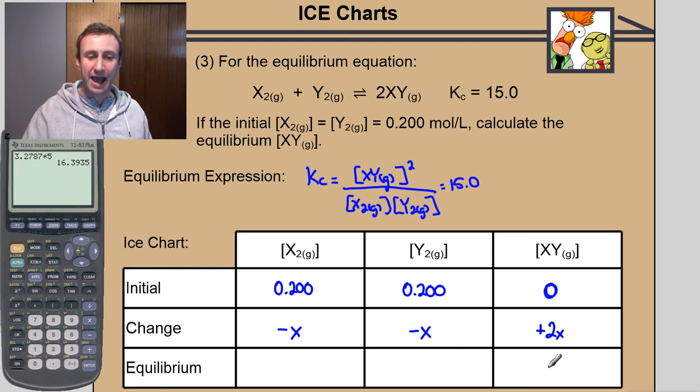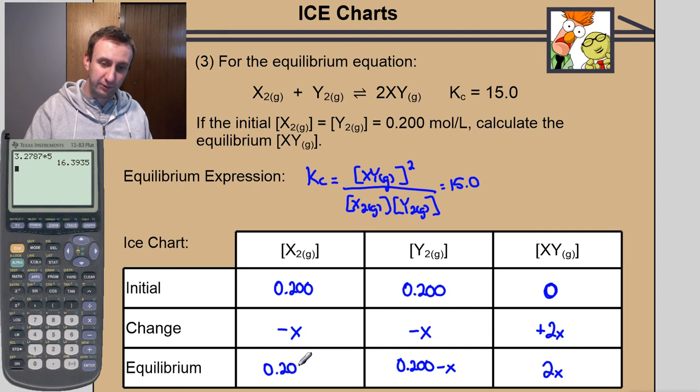So that means I have, for equilibrium, 2x. This is 0.200 minus x, and this is 0.200 minus x. So all I've done is I've taken the change and put these together to express equilibrium as an expression.